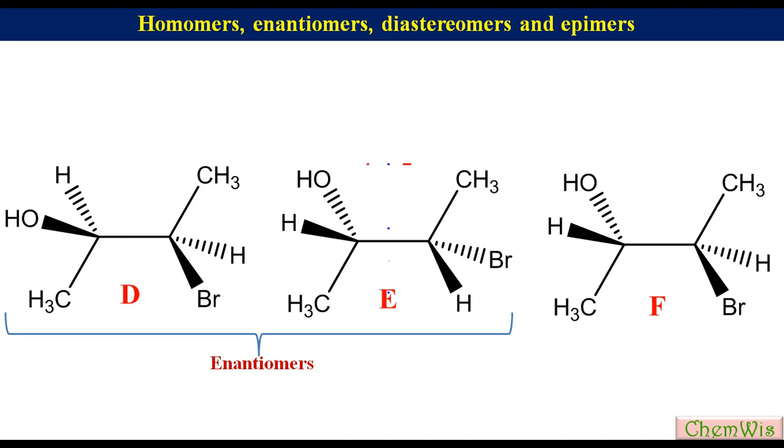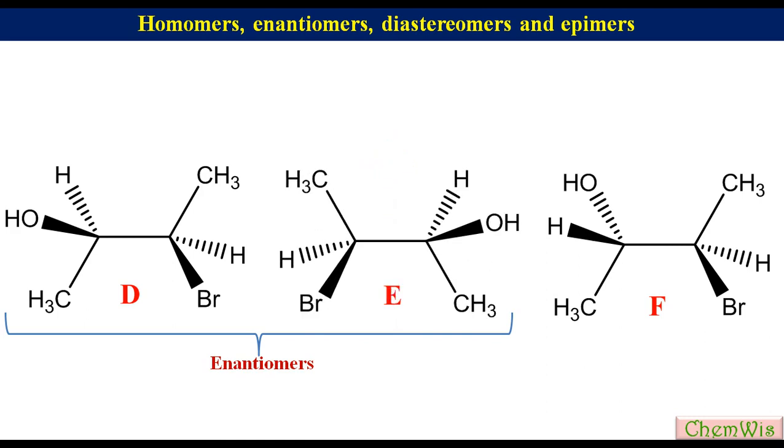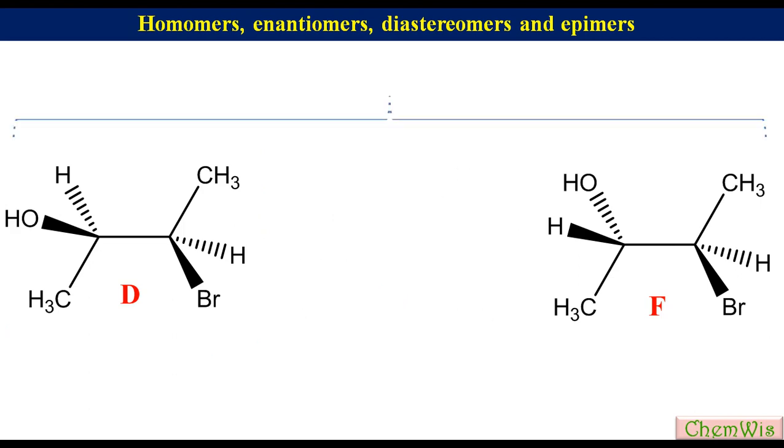We can also find this relation in a different way by rotating structure E 180 degrees about this axis. Now, we can see that D and E are non-superimposable mirror images of each other. So, these are enantiomers. If we compare D and F, both have the same orientation of parent chain.